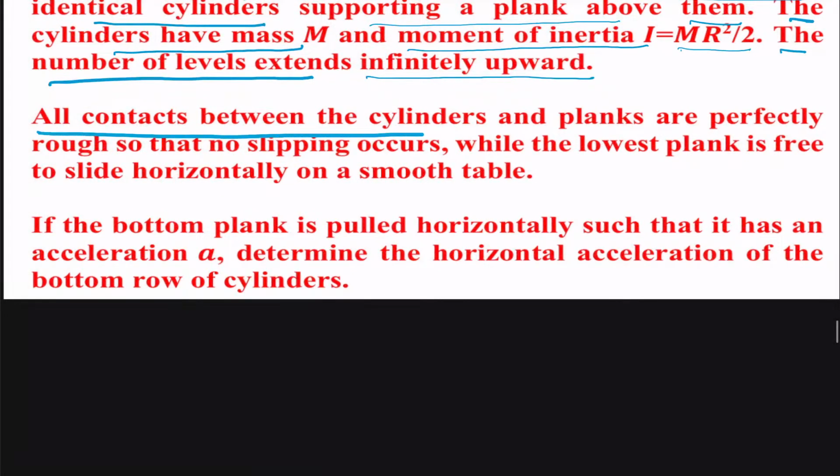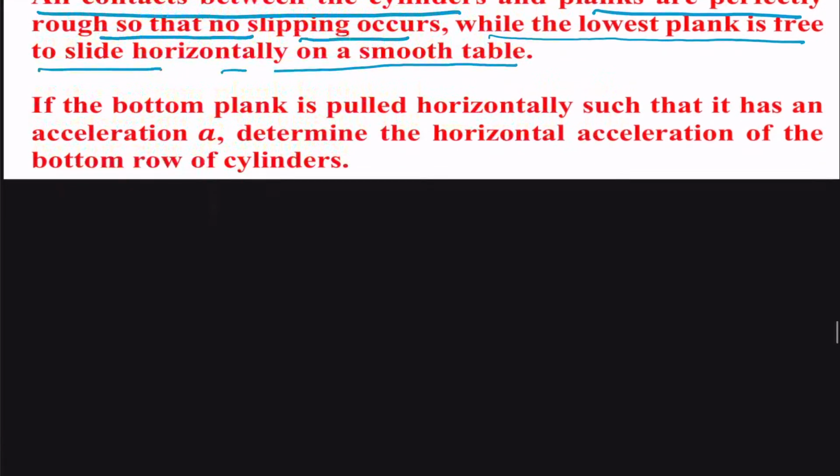All contacts between the cylinders and the planks are perfectly rough so that no slipping occurs, while the lowest plank is free to slide horizontally on the smooth table. If the bottom plank is pulled horizontally such that it has an acceleration of a, determine the horizontal acceleration of the bottom row of the cylinder.